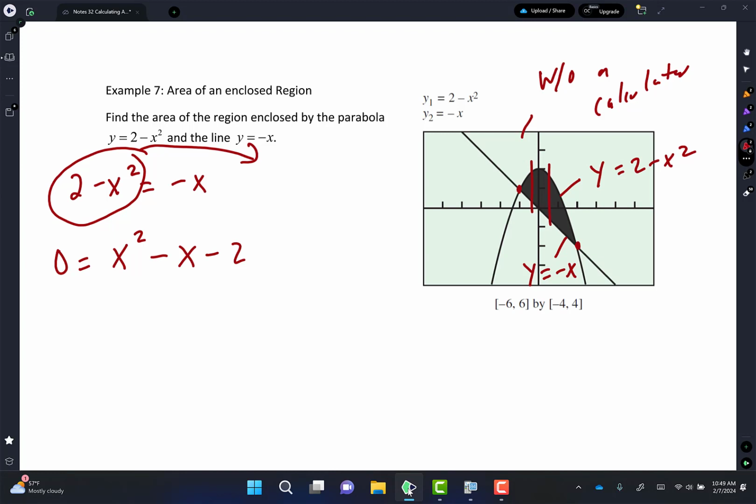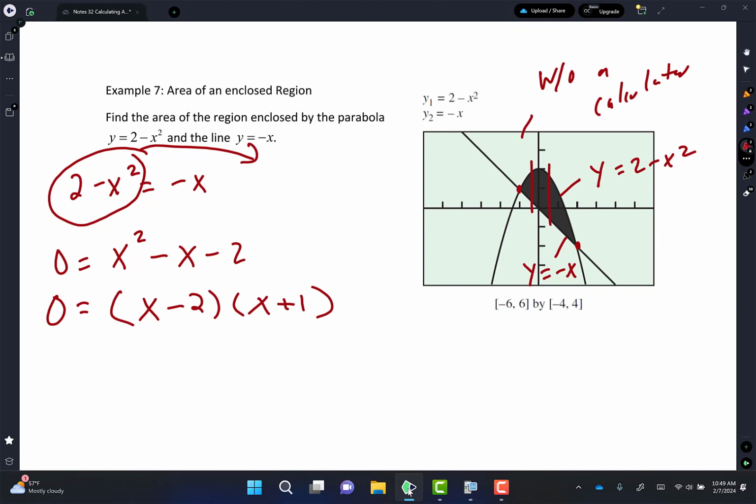Now you guys are right. Tell me again what these factors are. You did the negative x to the other side, and then you factor out negative x. That's fine. x minus 2, x plus 1.